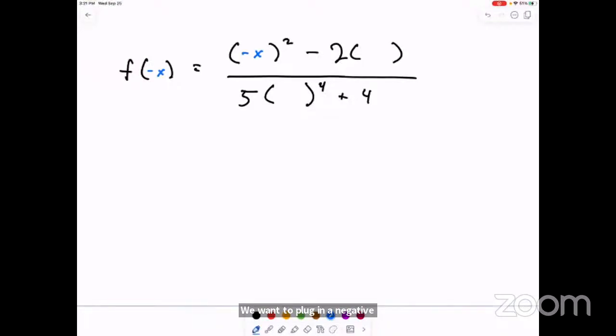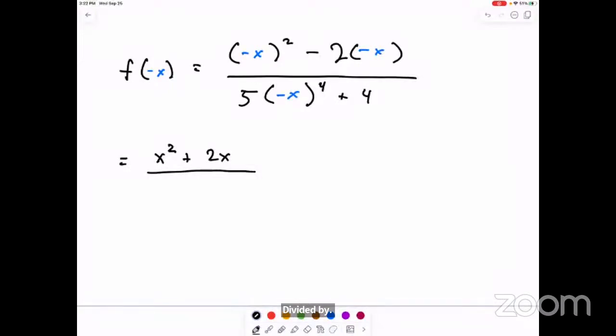Now with that first term, we have a negative number raised to an even power, so that result is going to become positive. In that second term, double negative is positive, divided by, okay, let's keep going.